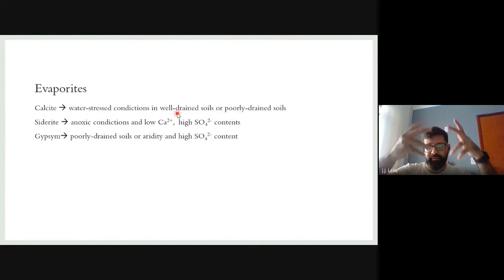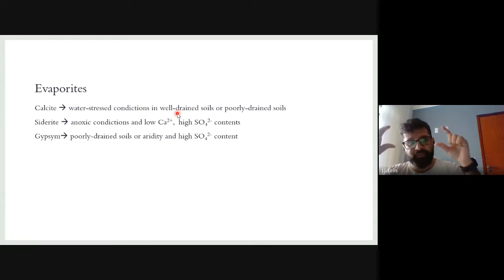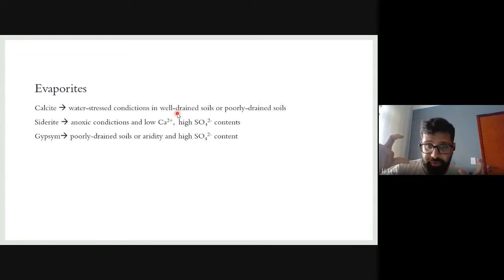And in these conditions, we have rocks very close to the surface, or we have a cemented layer very close to the surface, or we have a layer that has low porosity very close to the surface. We usually can see this calcite formation very close to the surface. Why are they not so common?